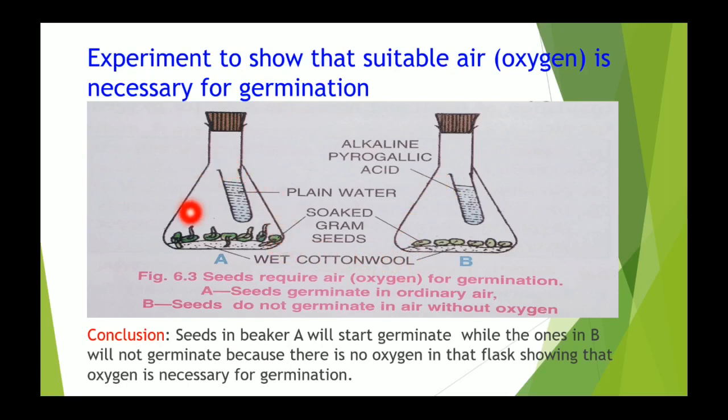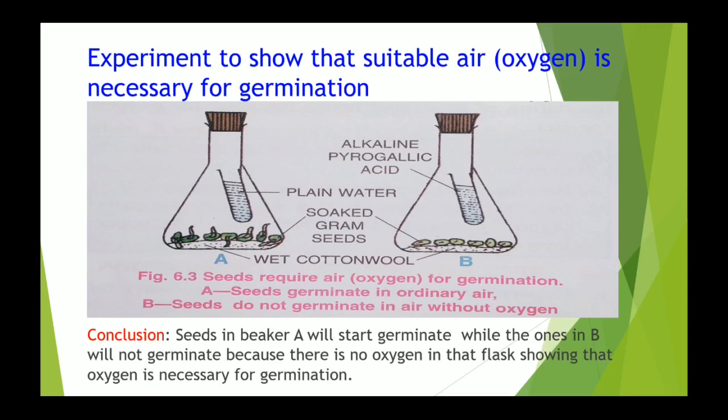But in flask A the oxygen is already there, so the seeds get enough oxygen, and they get proper temperature because we have kept the setup at room temperature. The wet cotton cloth is also there, which means water is also there, oxygen is also there, and temperature is suitable, and that's how in A the seeds germinated, but in B the seeds did not germinate.